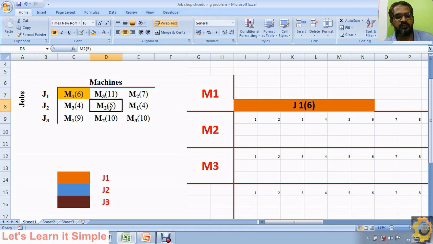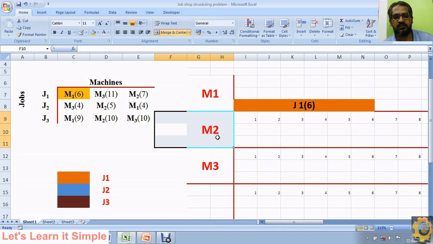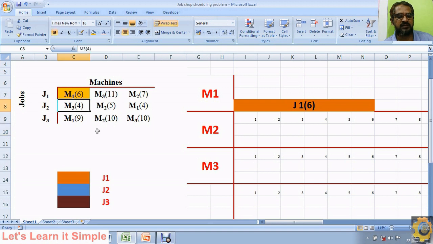For the second job, to machine job 2 on machine 2, it has to go to M3 first. Similarly for the third job, to come to machine 2, there is some precedence. Therefore, I cannot do this first. That is, machine 1 cannot be done first.